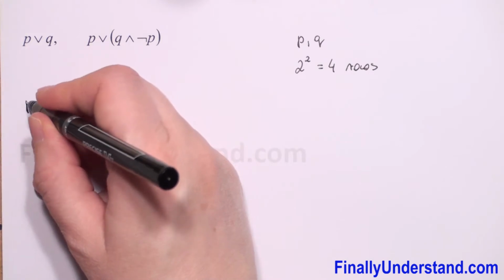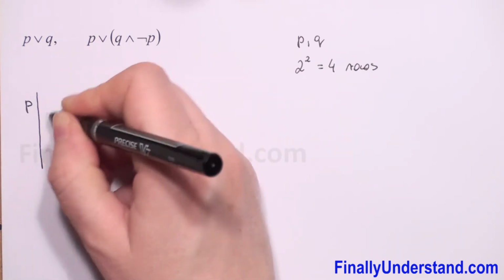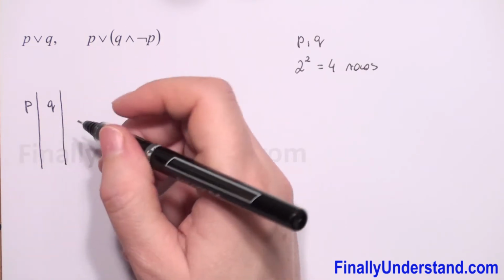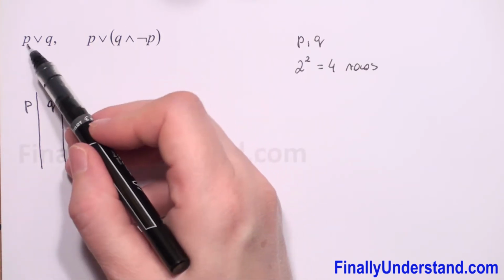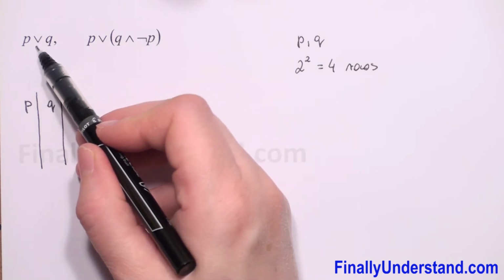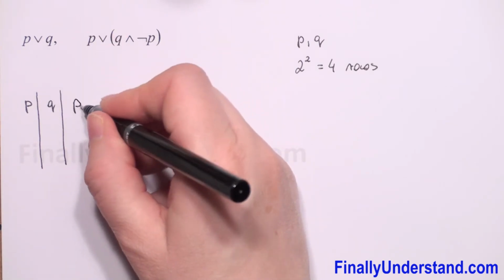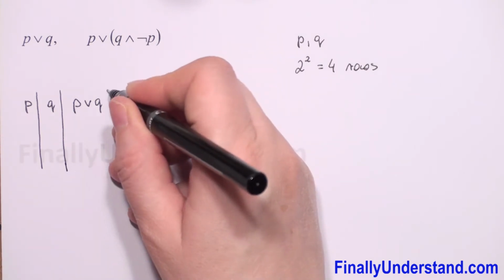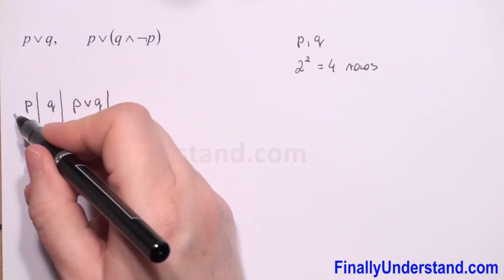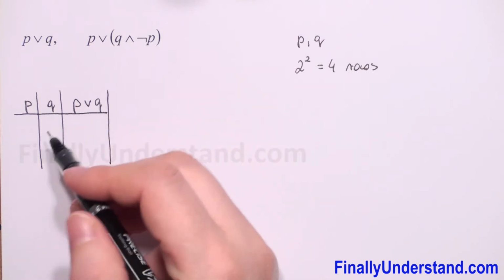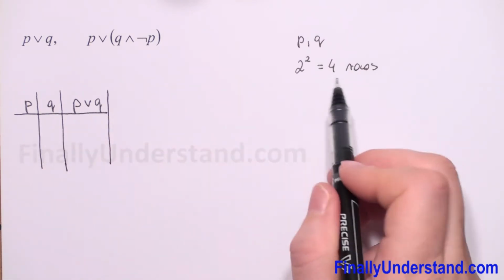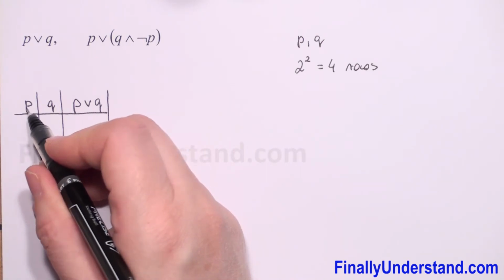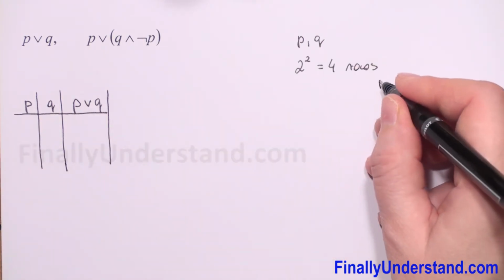In the first column we will put P, next is Q, a simple statement, and in the third column we will put P or Q. Because we have 4 rows, P can be true.